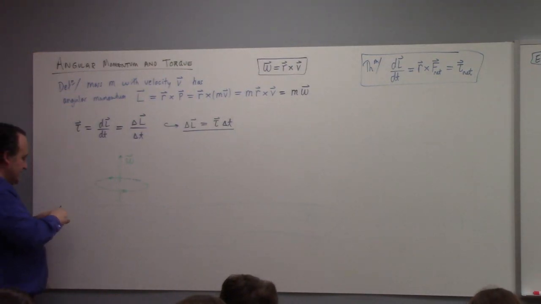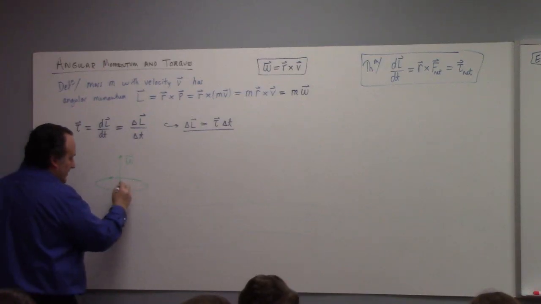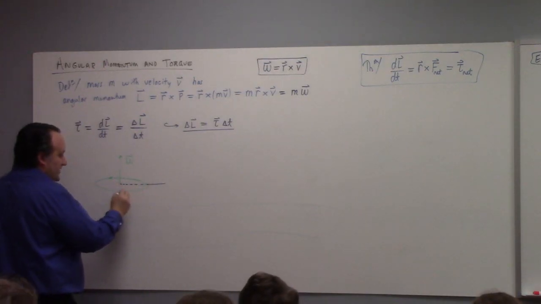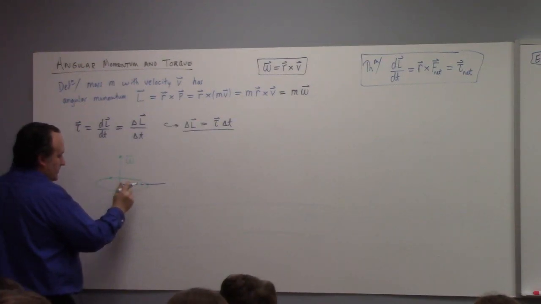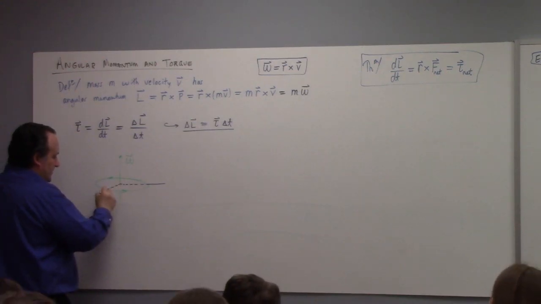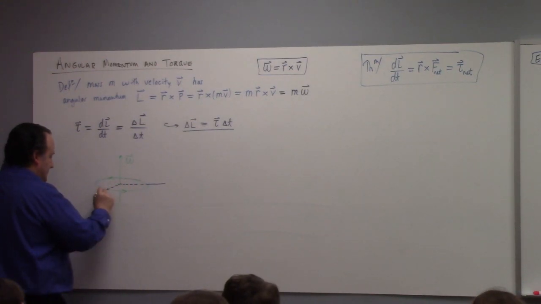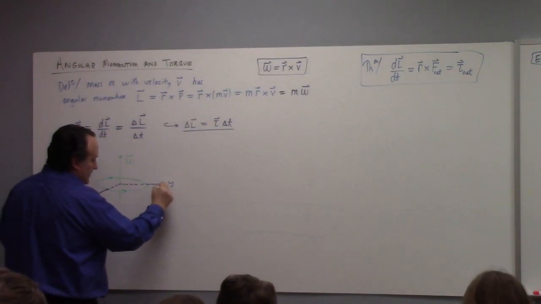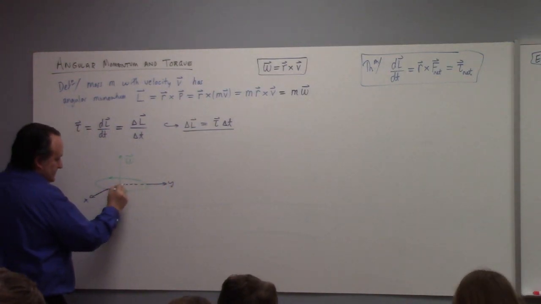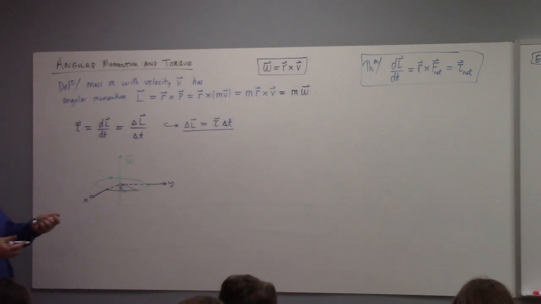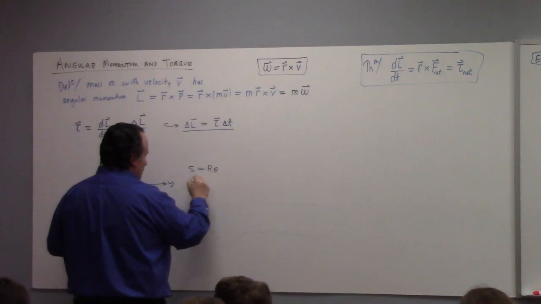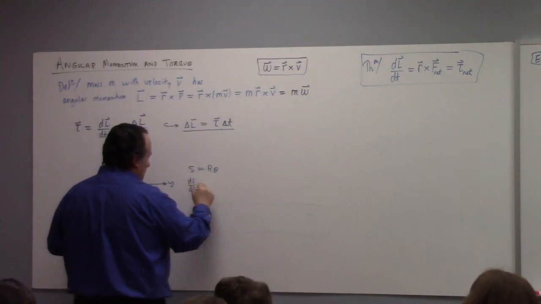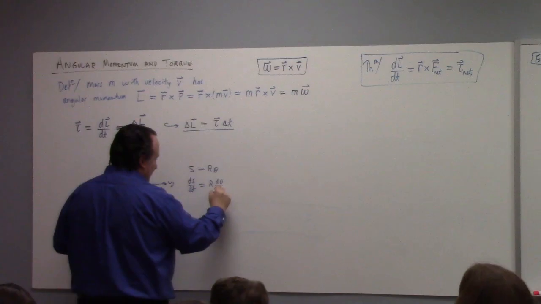So with respect to such an axis, we can pick a particular direction and study it. We could think about this as x and y, for example. And of course, we can sweep out this far, and we can say that corresponds to theta, and in that context we have that s is equal to r theta, and ds/dt is what? r d theta/dt, right?